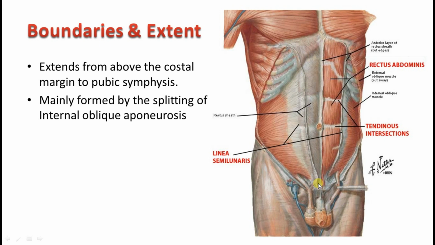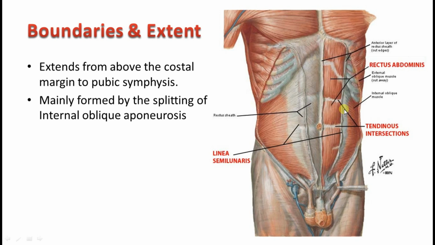Basically, it is formed by the splitting of the aponeurosis of the internal oblique muscle. During its insertion, when the aponeurosis reaches the lateral border of the rectus abdominis muscle, it splits into an anterior lamella and a posterior lamella.